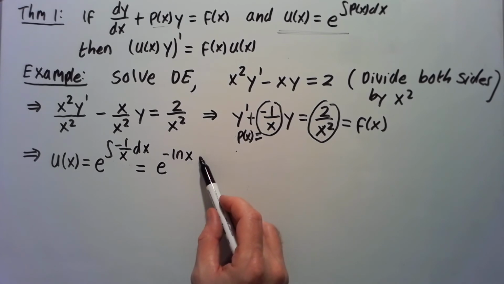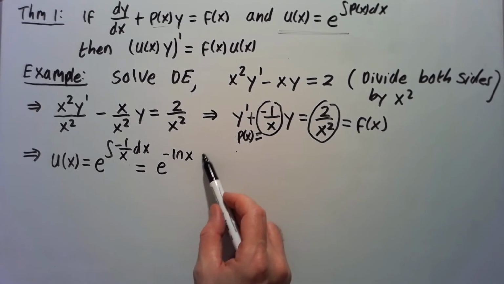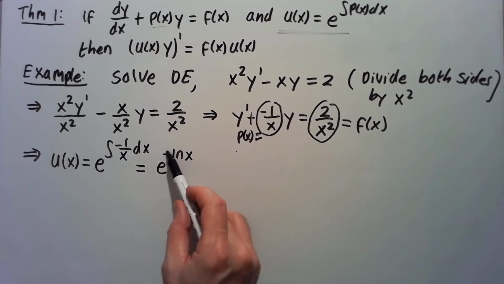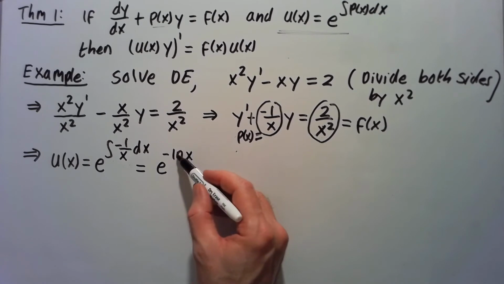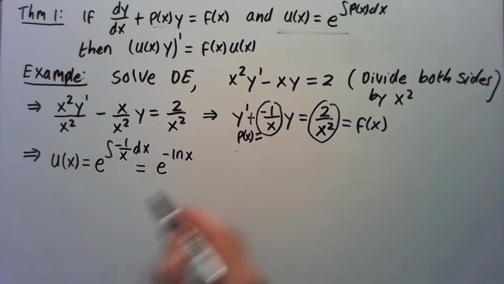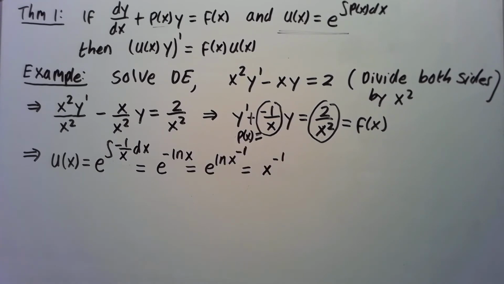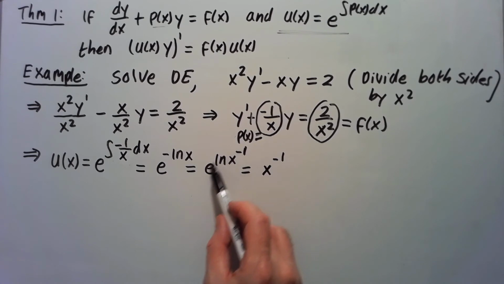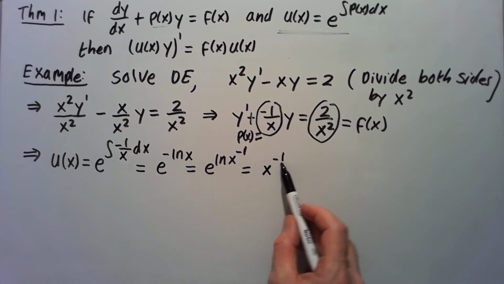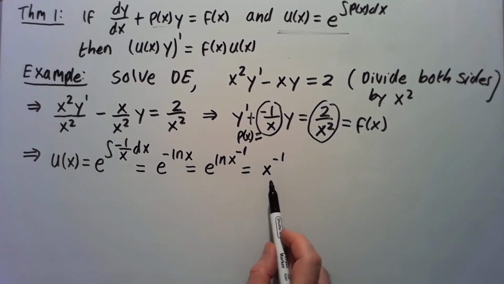I guess that'll be plus a constant, but I'm choosing the constant to be 0 here. Then I can bring that minus up onto the x, so it'll be ln of x to the minus 1. So it becomes e to the ln of x to the minus 1. These cancel, it just becomes x to the minus 1. So that's my u of x, or integrating factor.